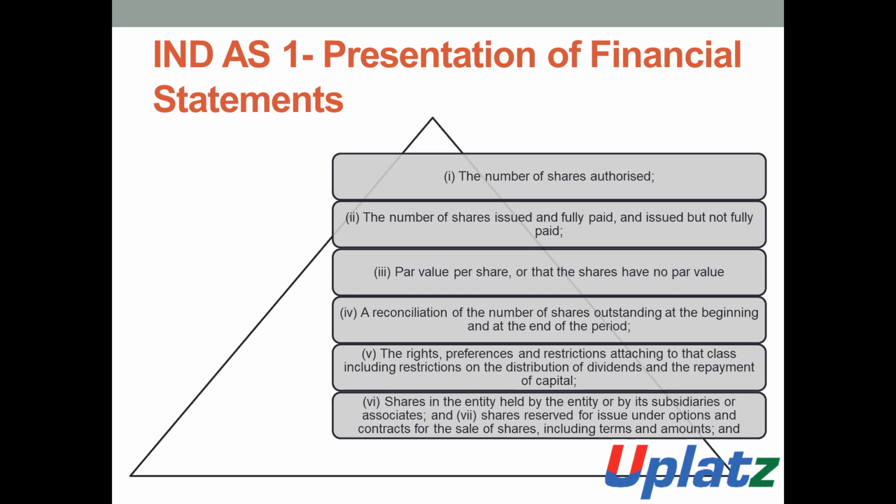The organization will disclose the number of authorized shares, the shares issued and fully paid, and the shares issued but not fully paid, and the par value per share or that the shares have no par value.